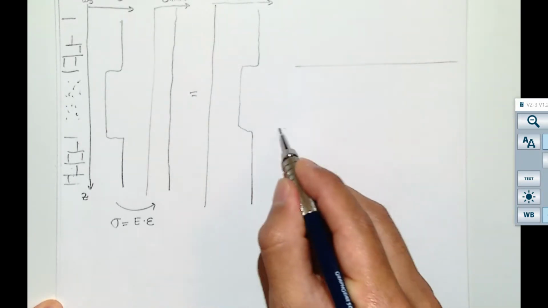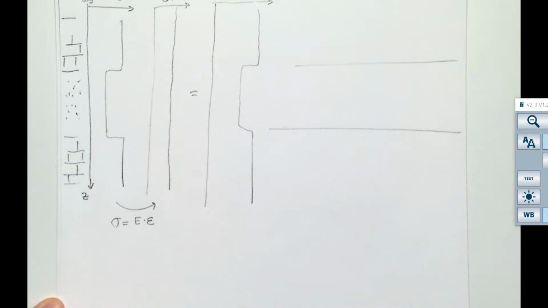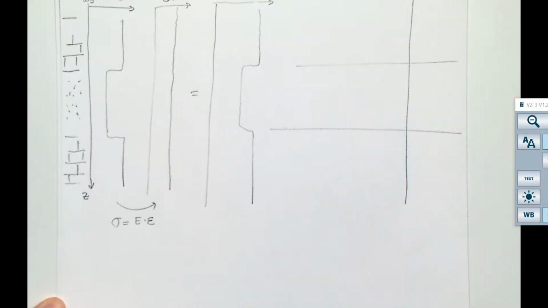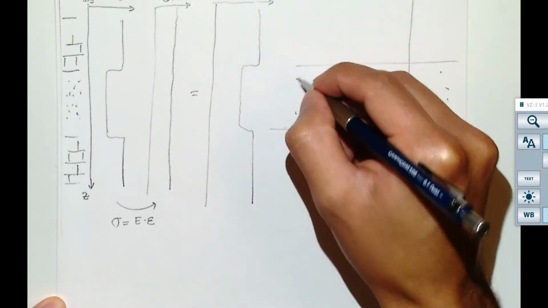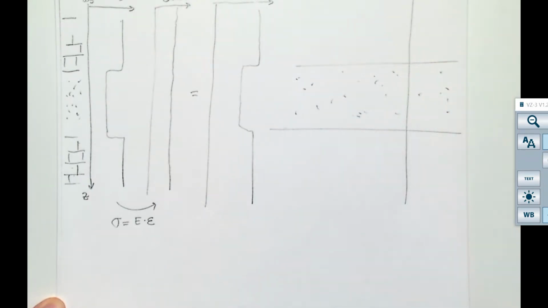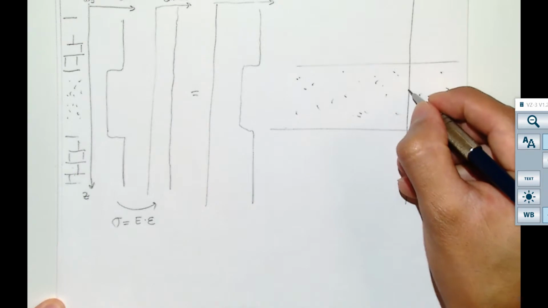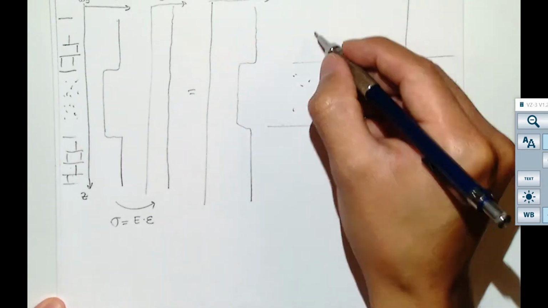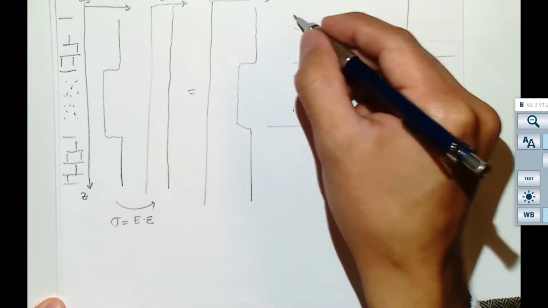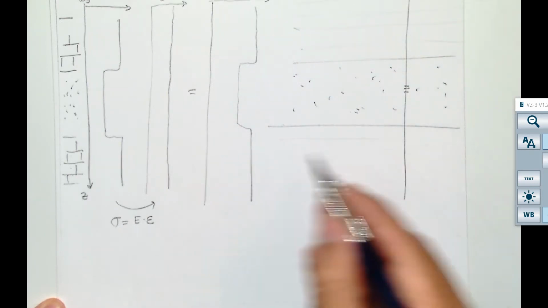So let's say that you have a vertical wellbore into this sandstone, and you make some perforations in the middle of the sandstone, and you start pumping.